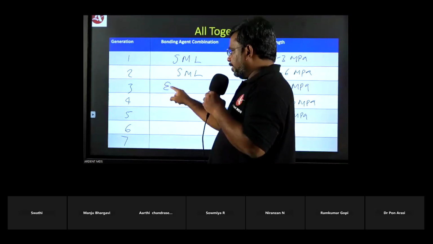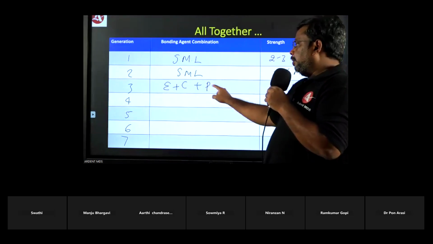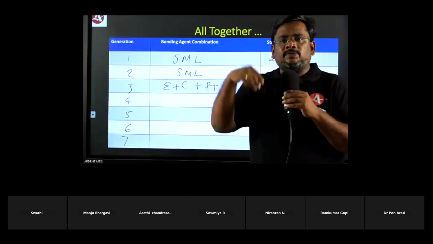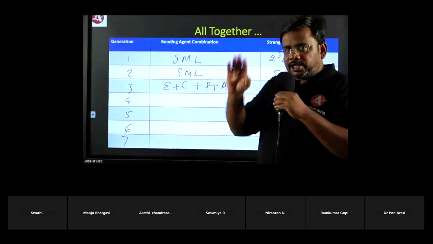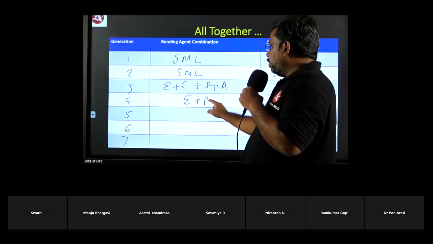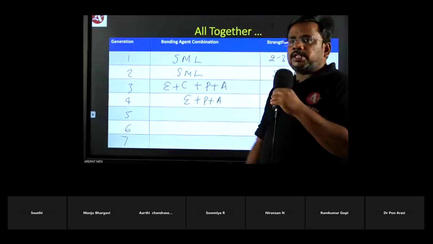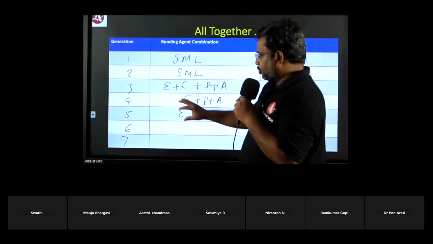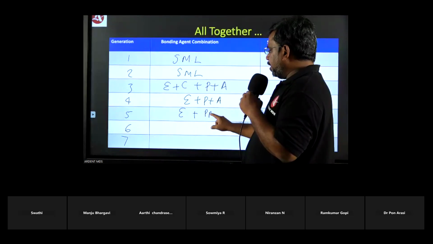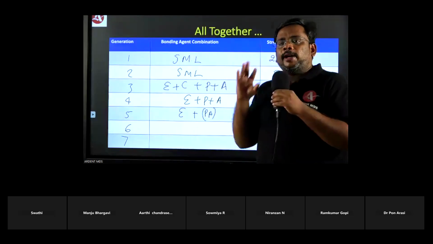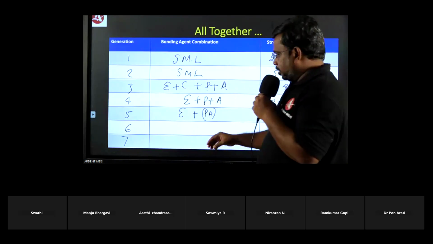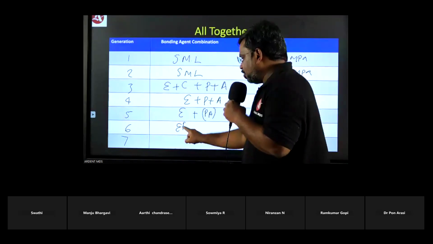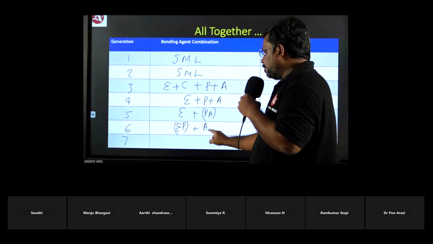Third generation: etchant, conditioner, primer, adhesive. Fourth generation: the etchant is for both enamel and dentin, no conditioner, so etchant, primer, and adhesive. Fifth generation is a 3-step process turned into a 2-step process: etchant in a single bottle, primer and adhesive in a separate bottle. Sixth generation is self-etching primer, etchant and primer together, adhesive separately.